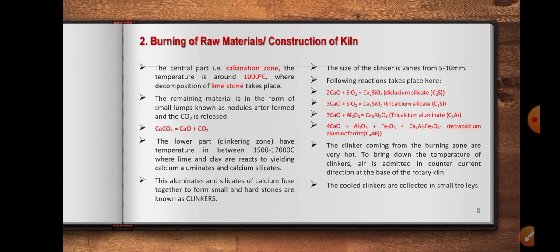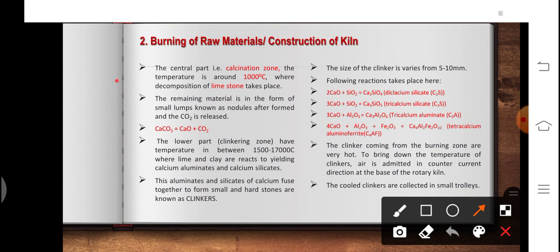Now the second part of the kiln is known as the calcination zone. Here the temperature is around 1000 degrees Celsius. So here the decomposition of limestone takes place. After the decomposition of limestone, here the equation is mentioned. Then the magnesium carbonate is decomposed at around 1200 degrees Celsius.